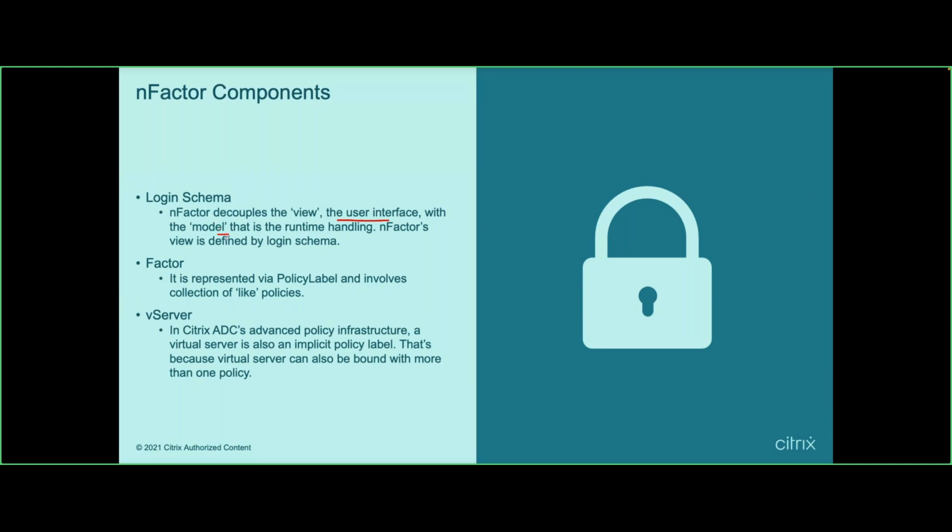The factor basically is a step in your authentication process, and it is going to validate one user and one password field, right? And then you have the virtual server, which is the starting factor for the client traffic, and that is the one taking policies of different types, right?